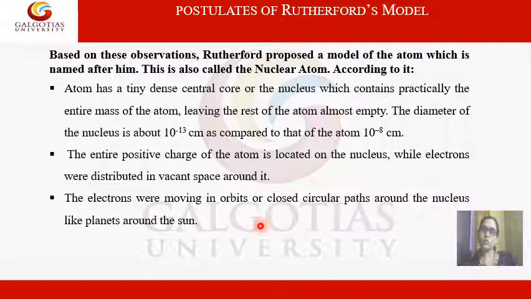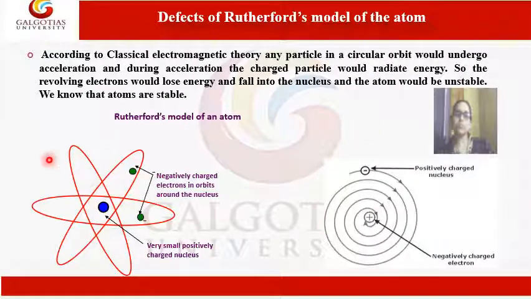Then other scientists also did different experiments to describe the structure of the atom. After Rutherford, Niels Bohr in 1913 gave a model that is known as Bohr's model. The limitations in the Rutherford model were carried forward by Bohr. Let us see what the limitations in Rutherford's model are.